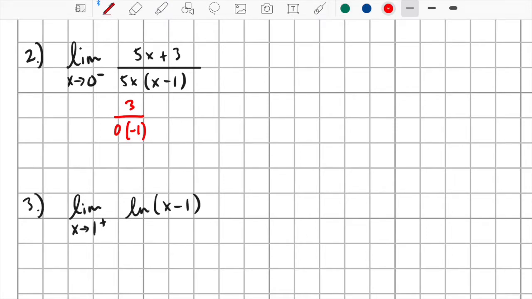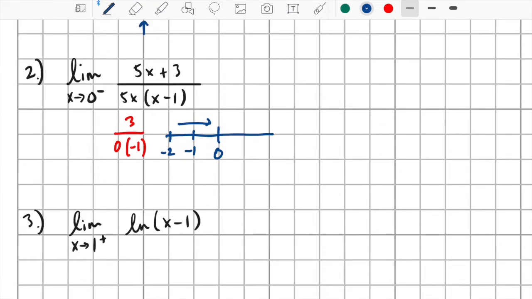So what we need to do is figure out, is the denominator going to be positive or negative? Let's check. So I do the number line again, this time at 0. We are approaching from the left. On the left we have -1, -2. So let's see.